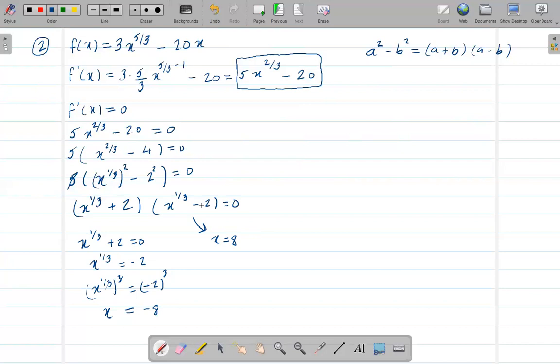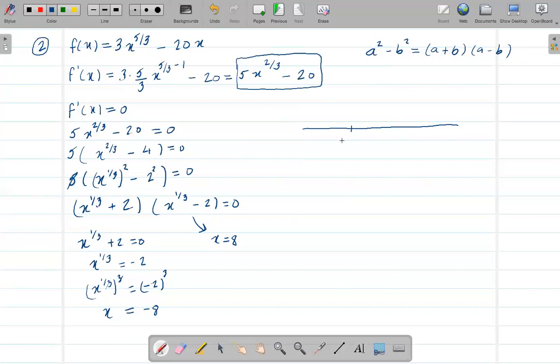It's just that when you move this negative to the other side, it will be positive. We have -2, but this will be positive on the other side. Okay, so now once we get these 2 points, again, we don't know if these 2 points are critical numbers or not.